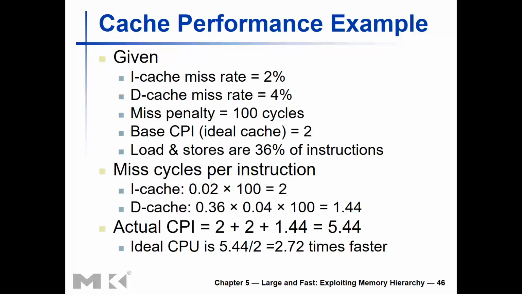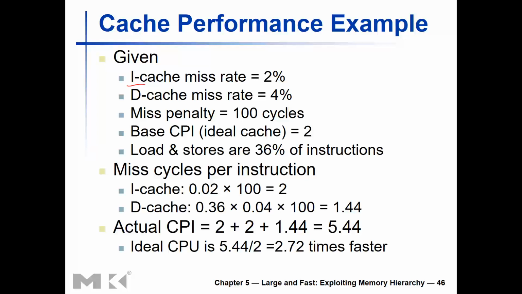Now let's go for a real example here. Suppose I have an I cache and a D cache. What's an I cache? Instruction cache. What's a D cache? Data cache. So we have a cache for instructions and a cache for data. The reason is to allow accessing one cache to fetch instructions and the other cache to fetch the data at the same time.